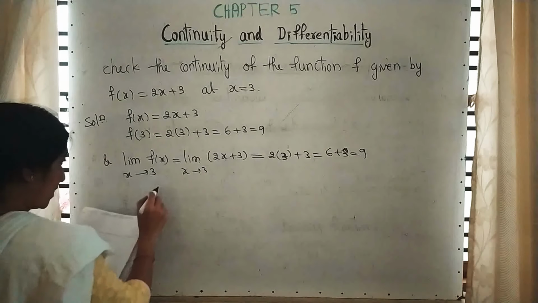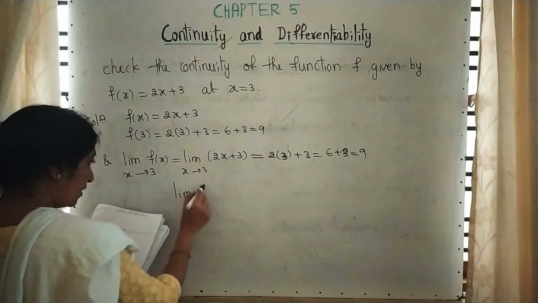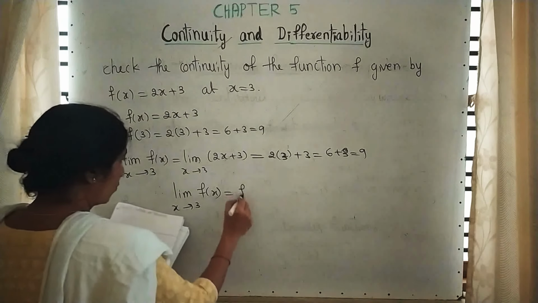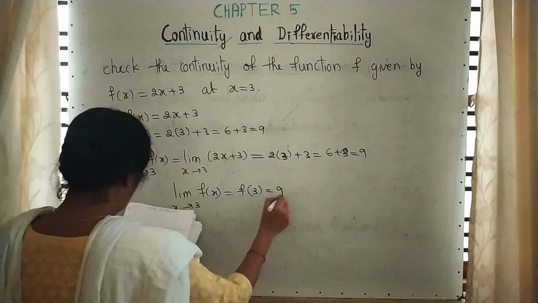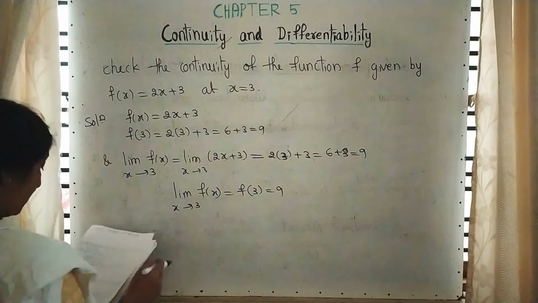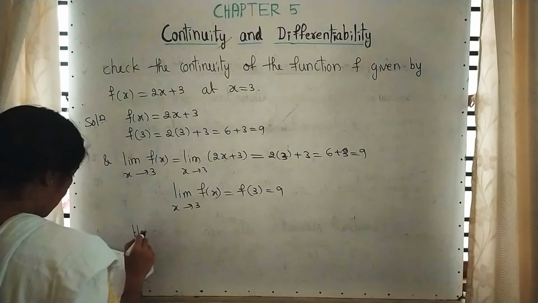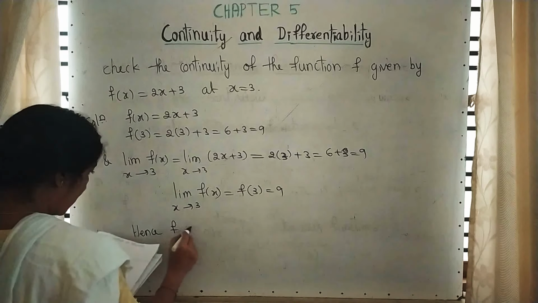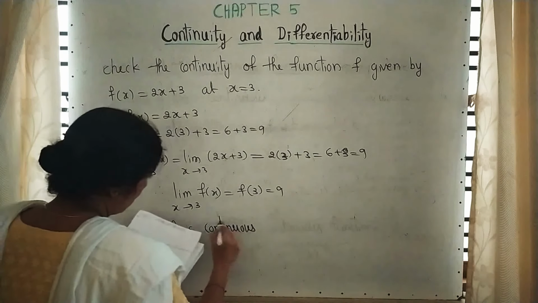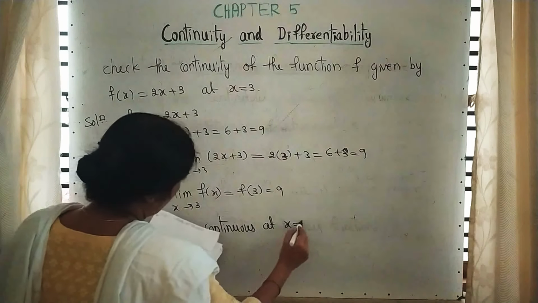Therefore, limit f of x as x tends to 3 is equal to f of 3, that is 9. Hence, f is continuous at x is equal to 3.